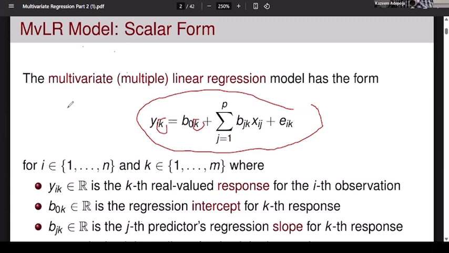The K in the B0 means I'm not going to have just one intercept. If I have two response variables, I'm going to have two intercepts. If I have three dependent variables, I have three intercepts. If I have K number of dependent variables, I'm going to have K number of intercepts. Not only that, I'm also going to have it for the slope.